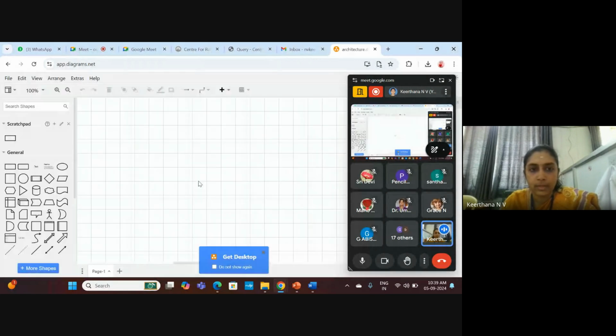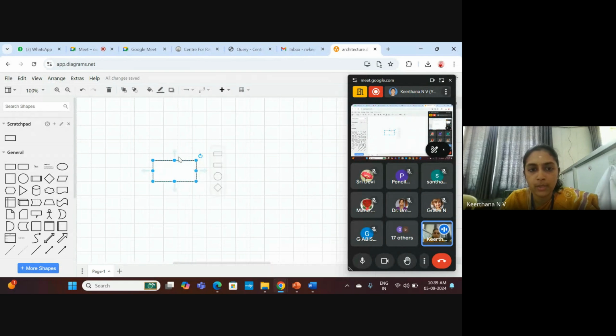You will be asked whether you want the diagram with a plain background or grid lines. Then you can just click and drag. If you are giving the next one, it will show the hint structure.